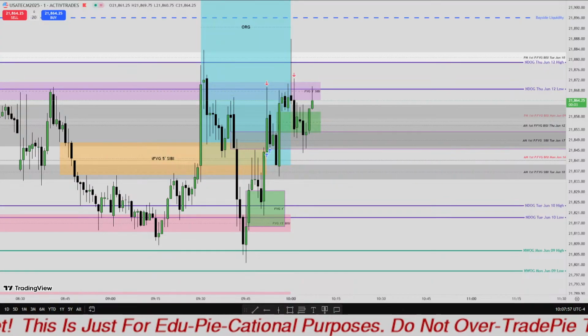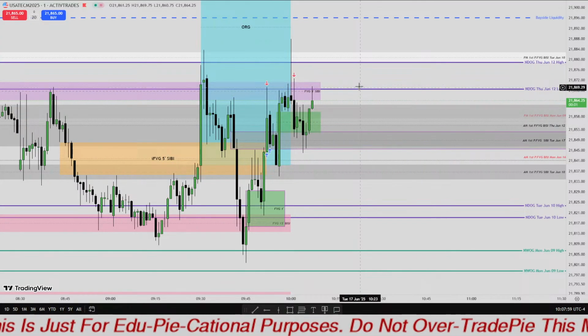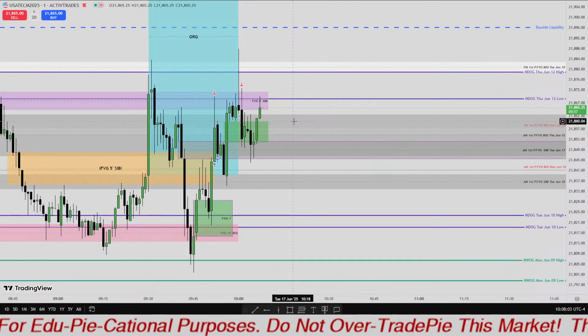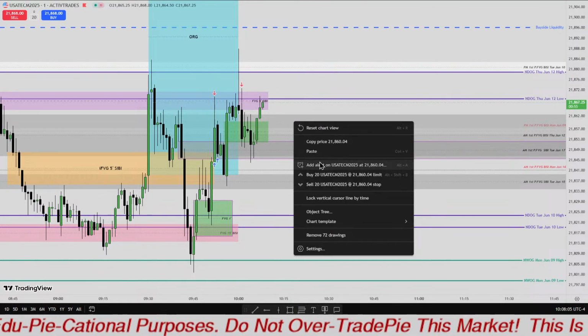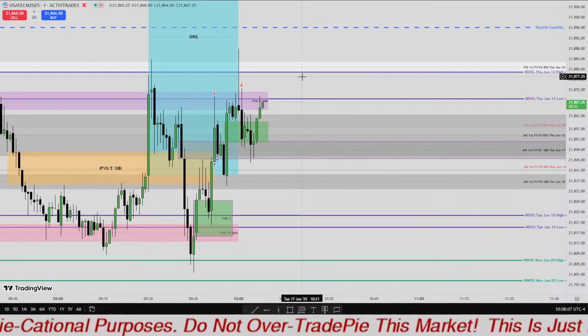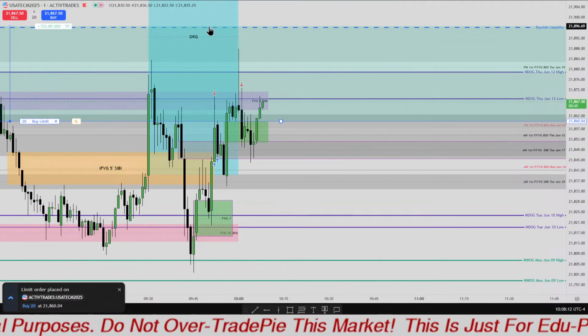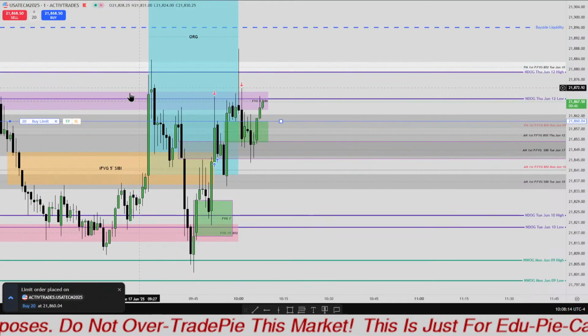Now I'm waiting for another opportunity, if the market provides, for entering from top of this fair value gap to go higher and targeting the buy side liquidity.